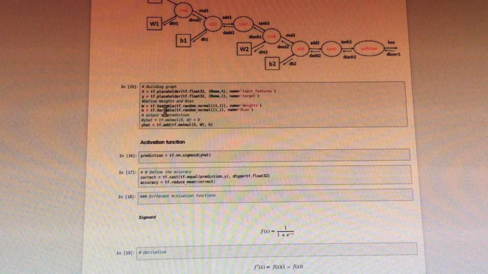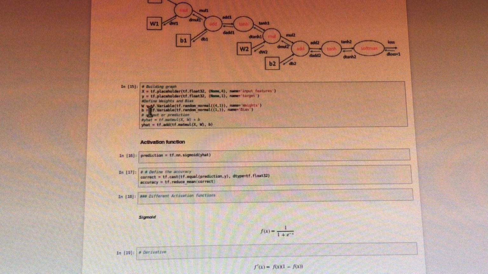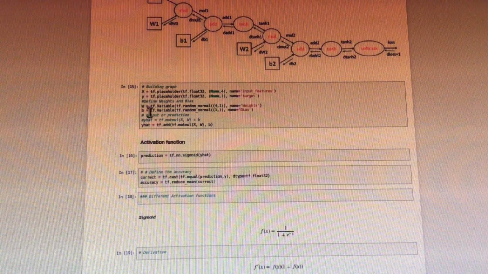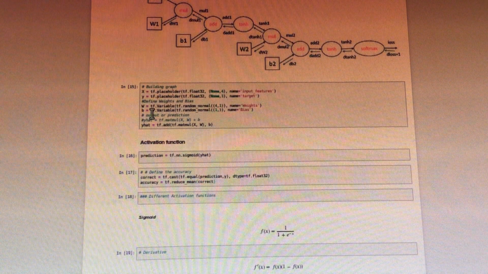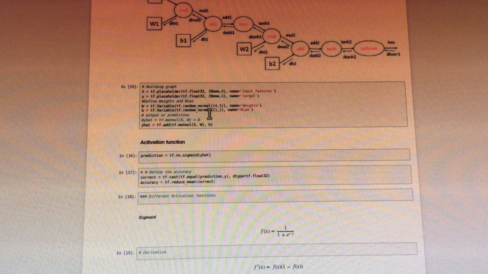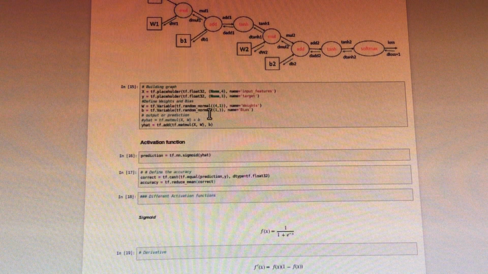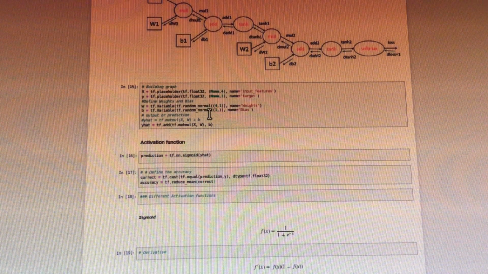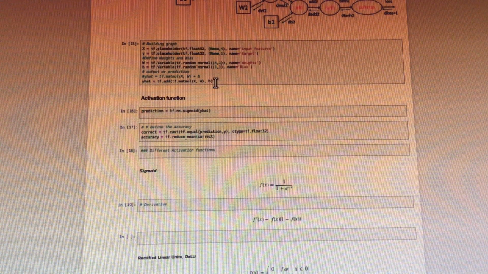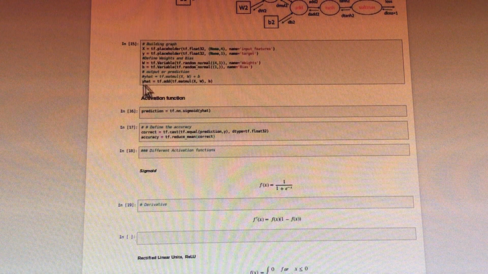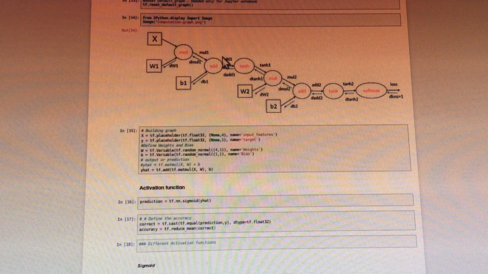We are assigning the weight and bias variables. These are parameters, and these parameters are different from hyperparameters. From this linear function we are getting y hat.